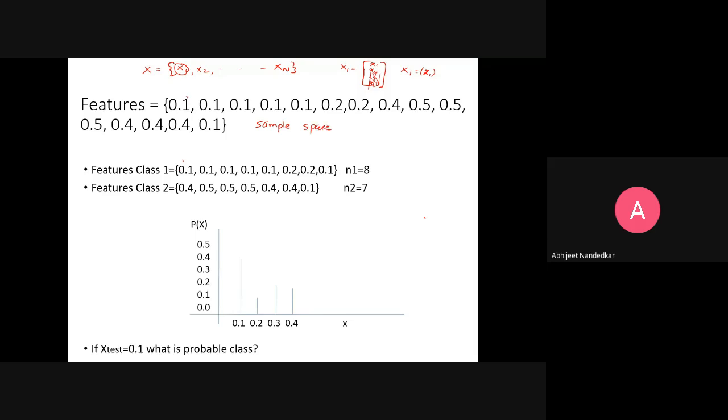So what is this? This is a feature. A feature is a compact representation of data. Say maybe some image is given to you, and this is some object in that, and you have measured somehow the height of this object.